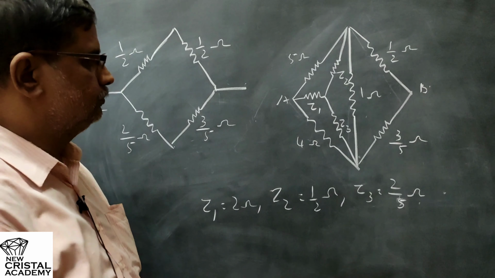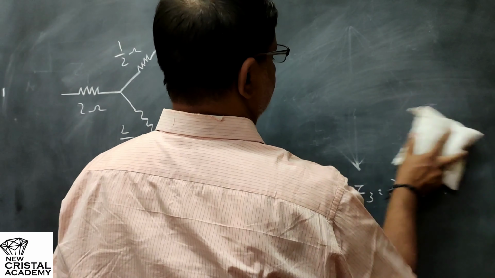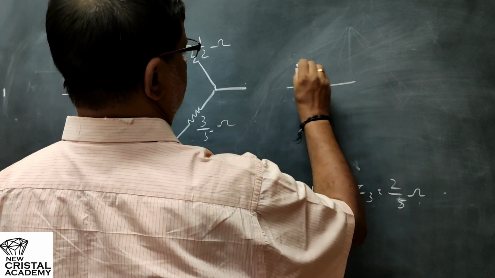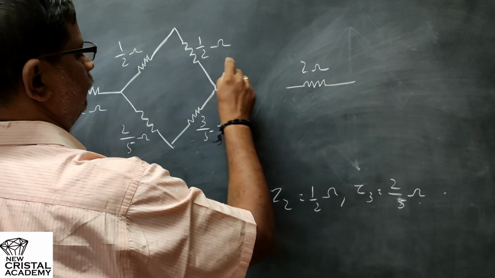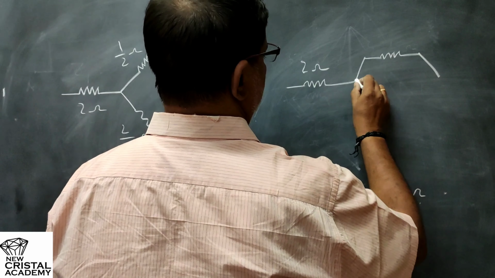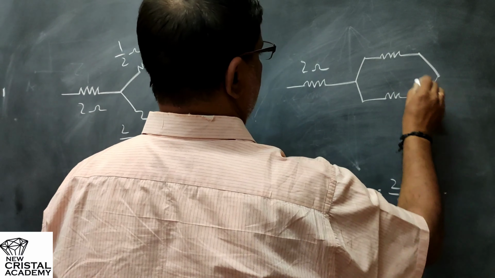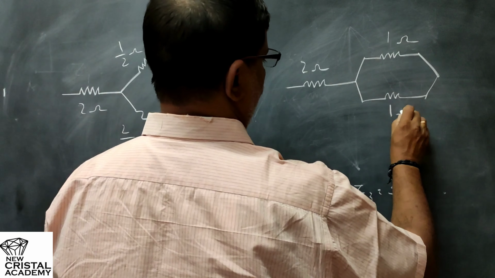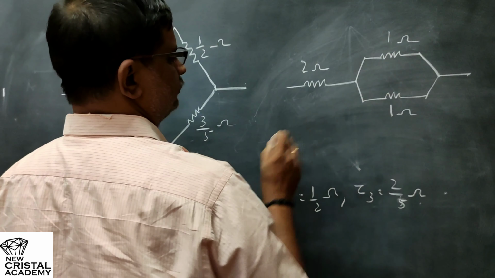So now let me erase this and redraw the circuit. So this is our 2 ohm resistor. 1 by 2 plus 1 by 2 is 1 ohm. So this is 1 ohm. Then here we have 2 by 5 plus 3 by 5, which is again 1 ohm. So these 1 ohms are in parallel.